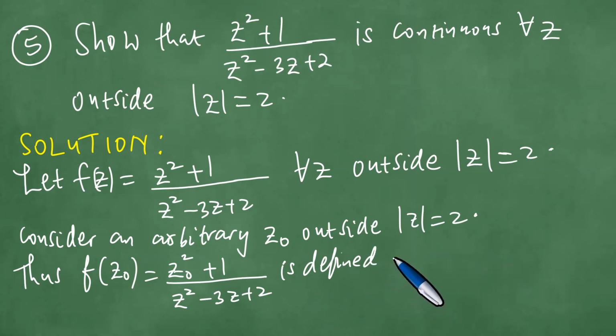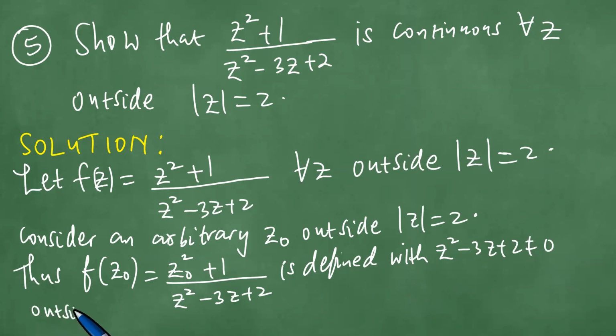It is defined with z squared minus 3z plus 2 being not equal to 0 outside modulus of z equals 2.